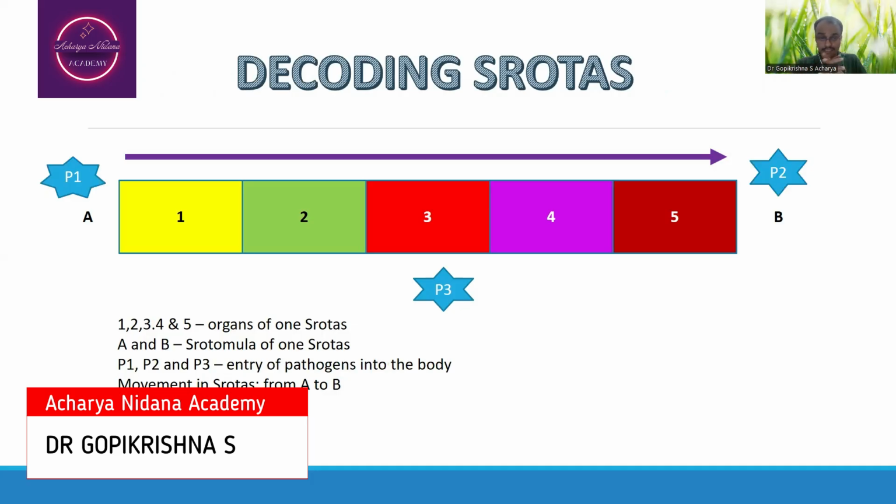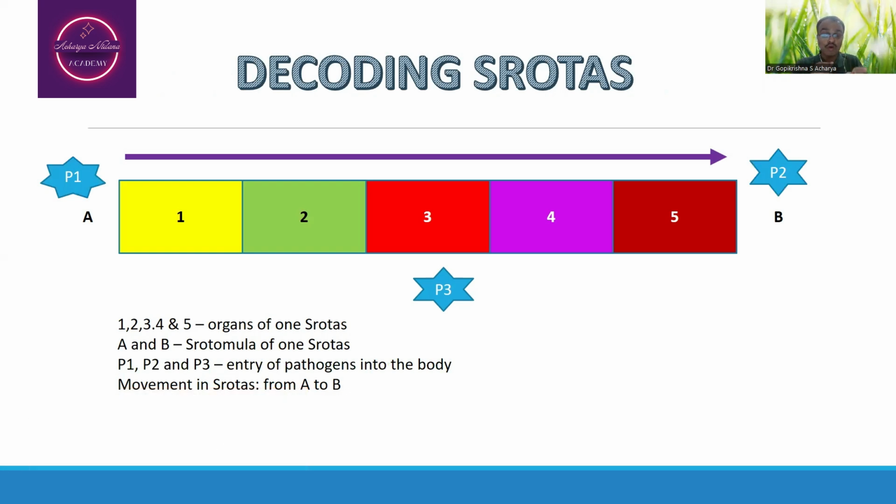To summarize this, if the pathogen entry is happening in the Srotas AB at the A end, then symptoms can be observed in 1, 2, 3, 4 and 5 in due course of time.